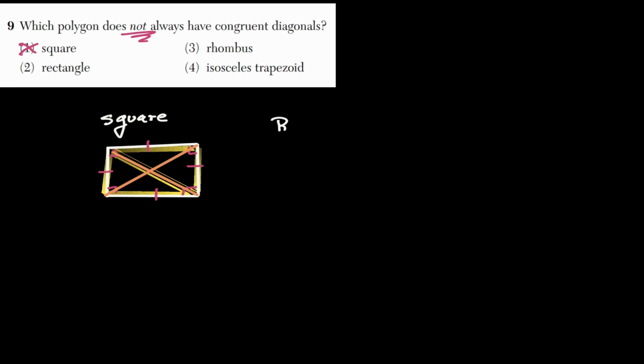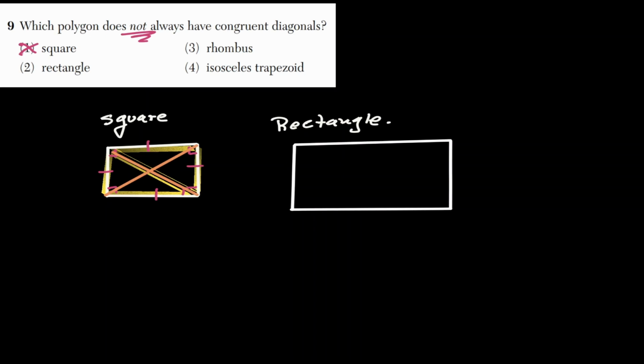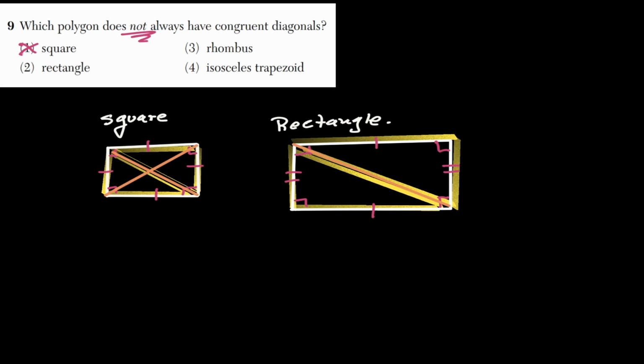How about a rectangle? Within a rectangle, we know that opposite sides are congruent to each other and interior angles are 90 degrees. When we introduce one diagonal, it is the same conclusion as before. The triangle on the right is congruent to the triangle on the bottom left by side-angle-side.